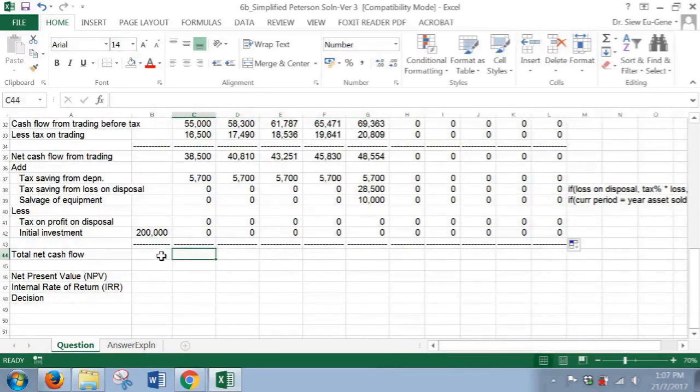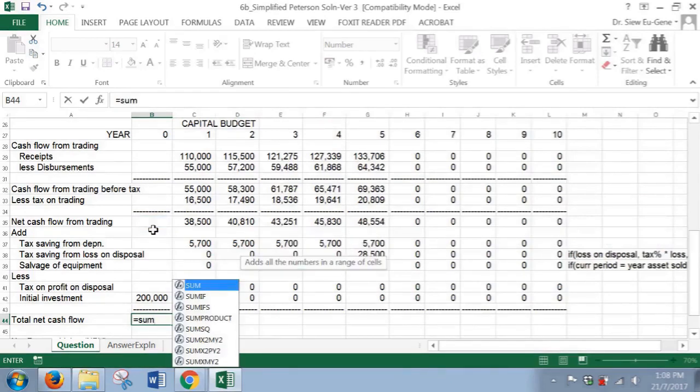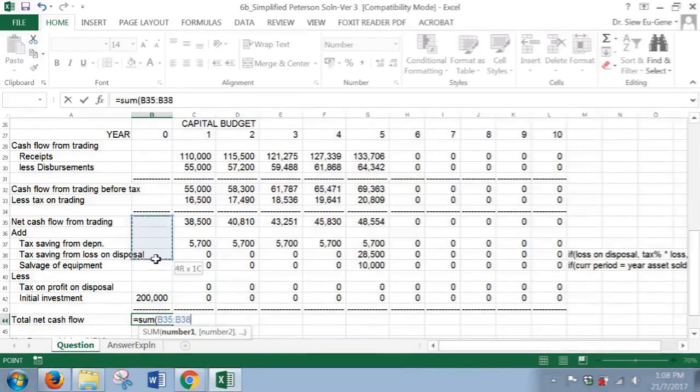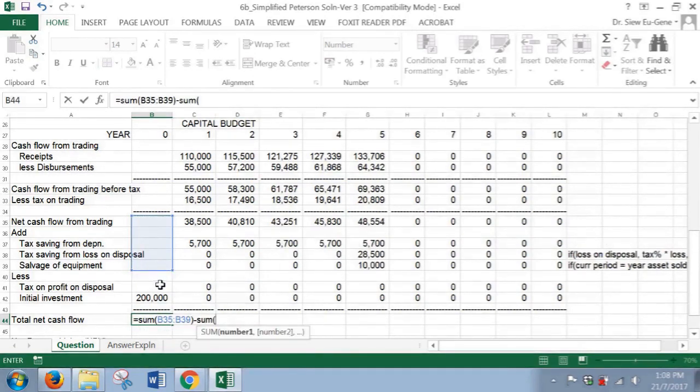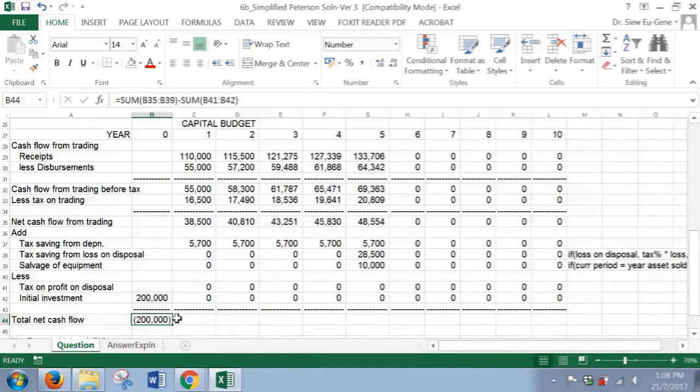Now, total net cash flow: sum B35 to B39, less sum B41 to B42, right? Sum B35 to B39 because of the addition of all this, and minus this.